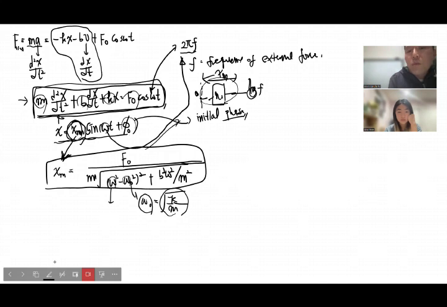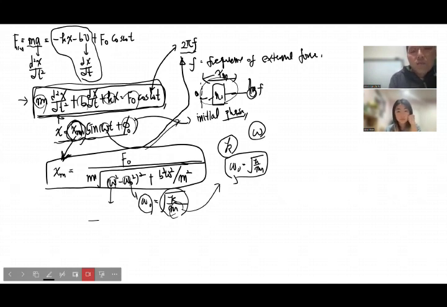If you pick the spring with a specific spring constant k and pick the mass, then omega naught is naturally determined. There's nothing you can control. But omega is the external driving frequency, so you can change it. You can make the motor rotate slower or faster. So omega is the control variable you can choose.